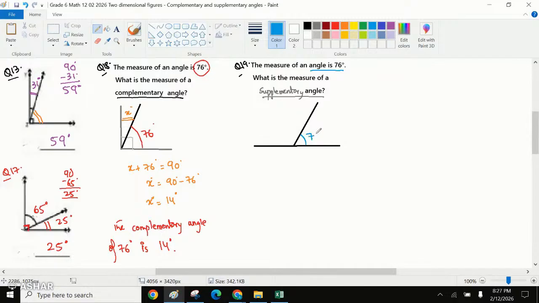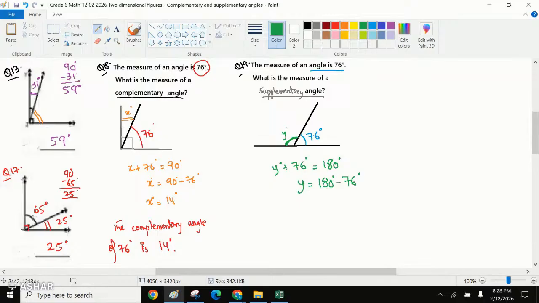If one angle is acute, the other has to be obtuse. Can we find the value of this missing angle? If we say this was y, so can we say y plus the supplement of y would be equal to 180? That means y is equal to 180 minus 76. 180 minus 70 is 110.